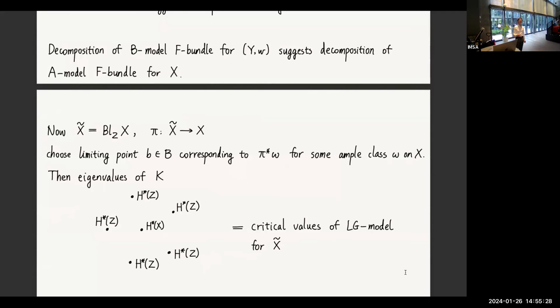And these are, by mirror symmetry, exactly equal to critical values of the Landau-Ginzburg model for this X tilde, if it exists. Okay.